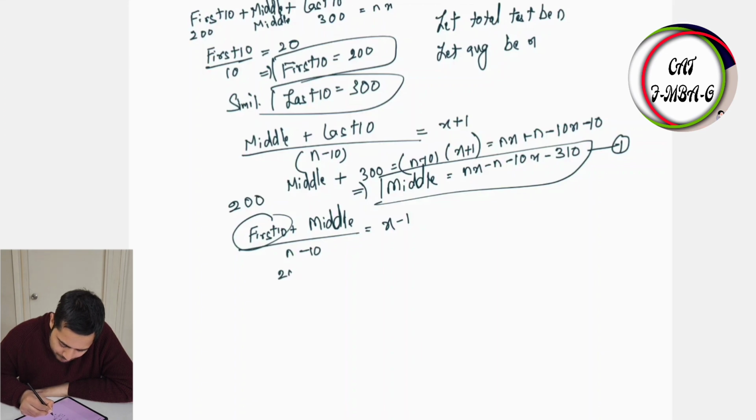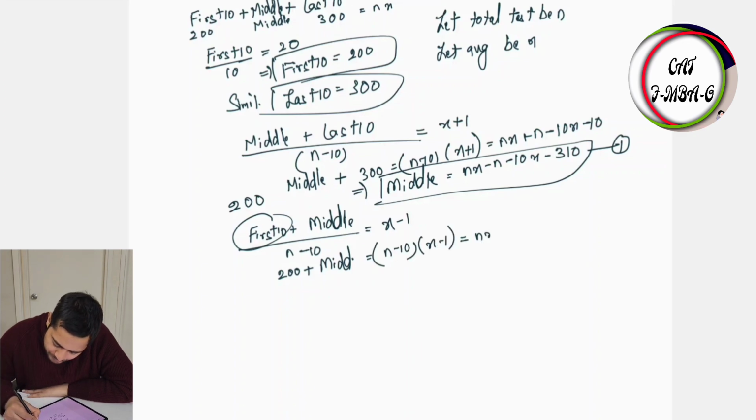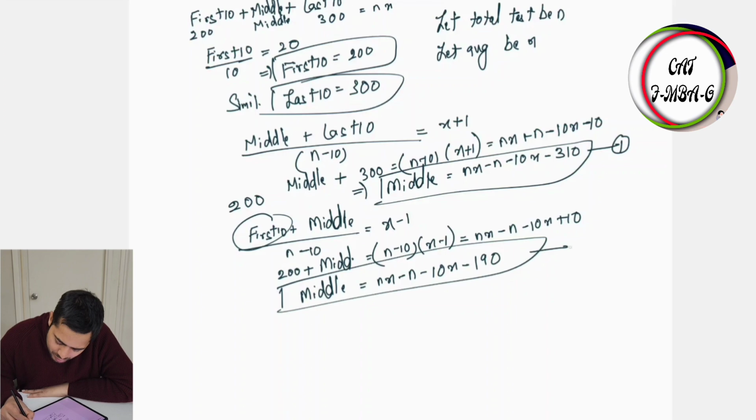So 200 plus middle is equal to n minus 10 into x minus 1, is equal to nx minus n minus 10x plus 10. So middle is equal to nx minus n minus 10x minus 190. This is equation number 2.